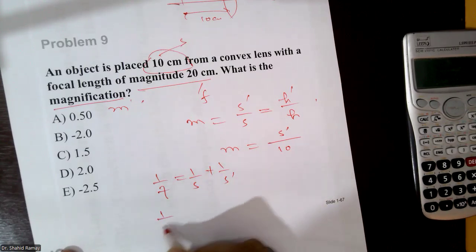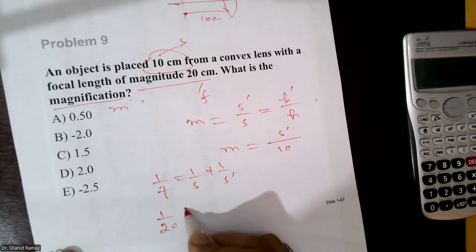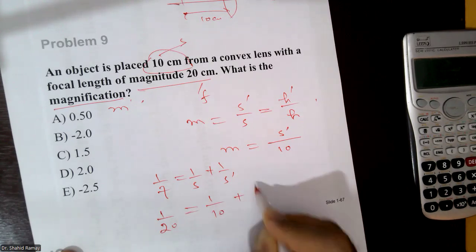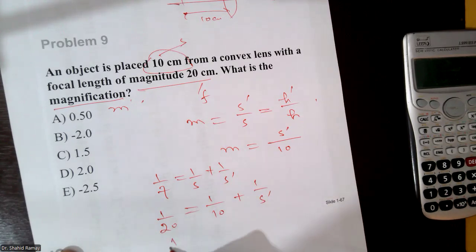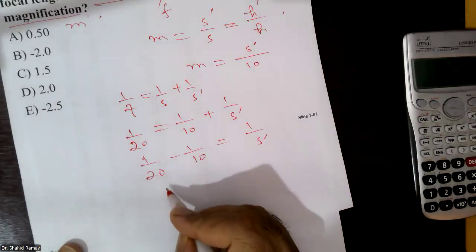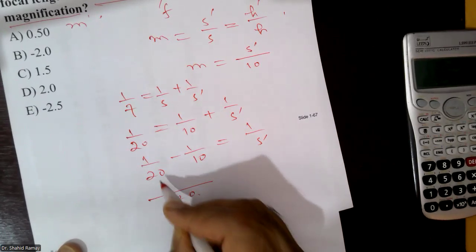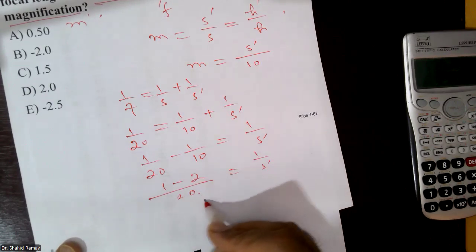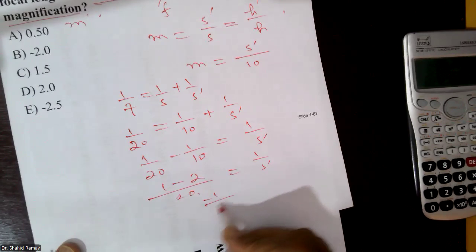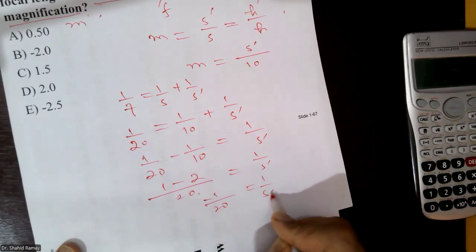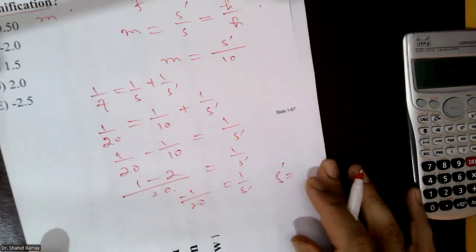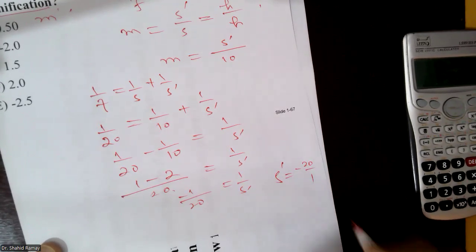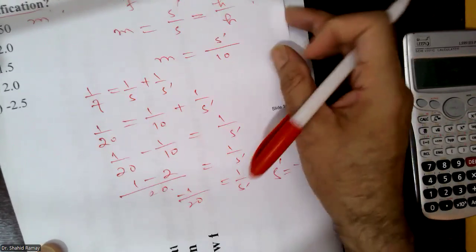So 1 over F is 1 over 20, and this is equal to 1 over 10 plus 1 over S dash. So 1 over 20 minus 1 over 10 is equal to 1 over S dash. Okay. So this is equal to 20, and 1 minus 2 is equal to 1 over S dash, and this is minus 1 over 20 is equal to 1 over S dash. So S dash is equal to minus 20 over 1 or minus 20.